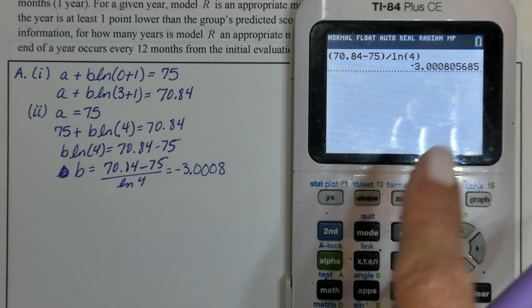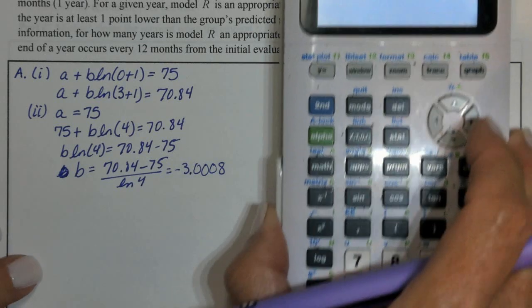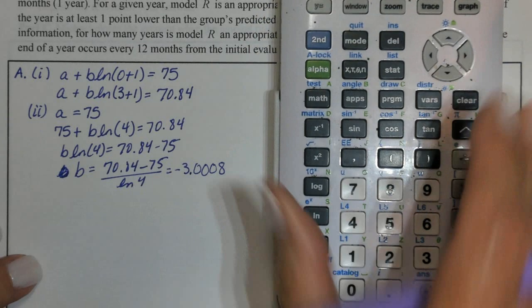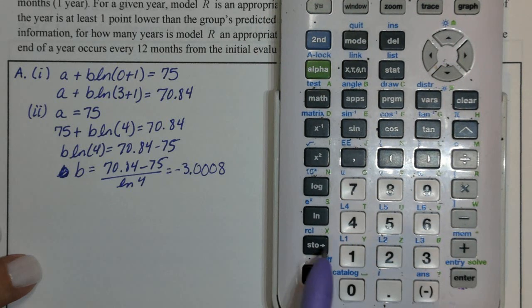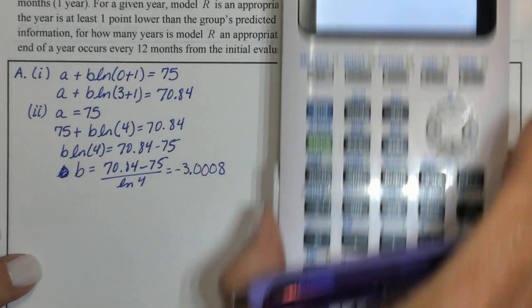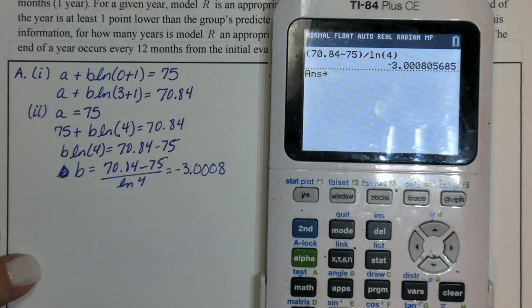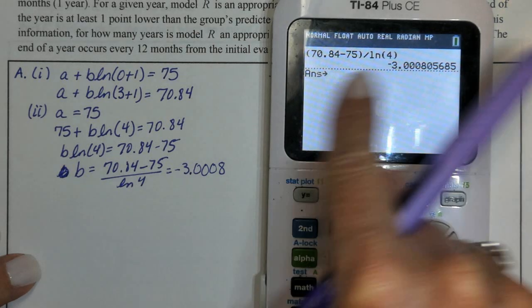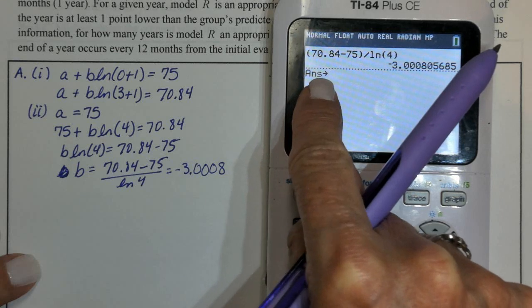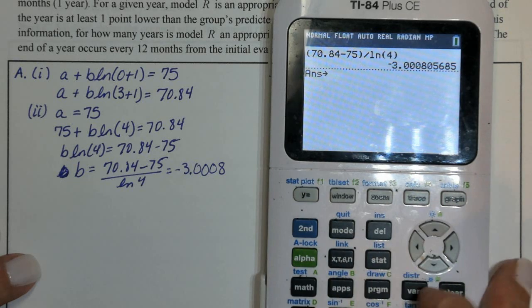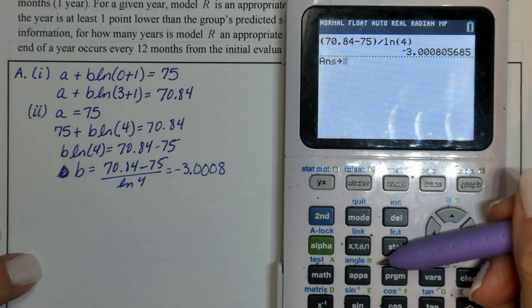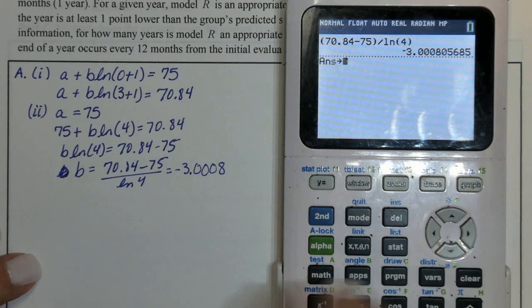So what I'm going to do right now is I'm going to store, using the store button down here, this decimal in for B. So I hit that store button, it takes the previous answer and it stores it in for whatever you say. To get B, that's this alpha right there, so alpha B, enter.